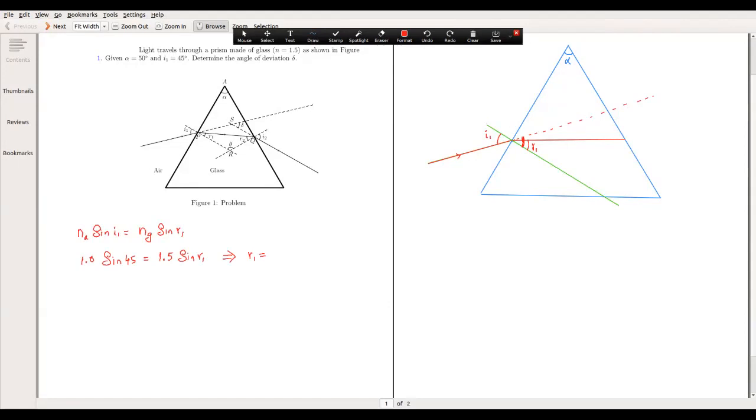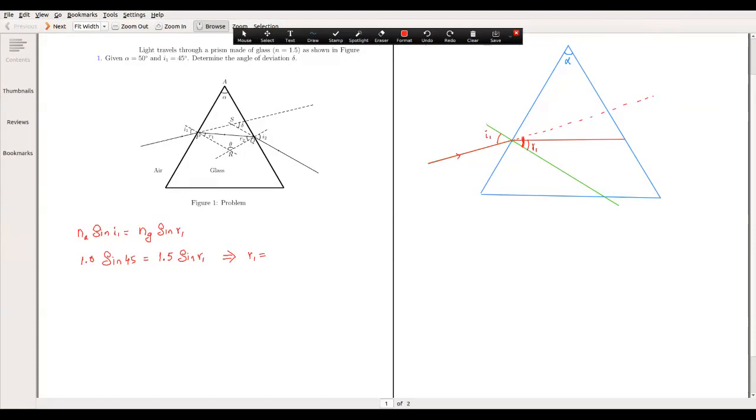We get sine R1 equal to sine of 45 degrees, that's 0.707, 1 over root 2, basically, divided by 1.5, that's 0.47, but we have to take the inverse of that, and that's about 28 degrees. So it's not really parallel, it comes out close to being parallel.